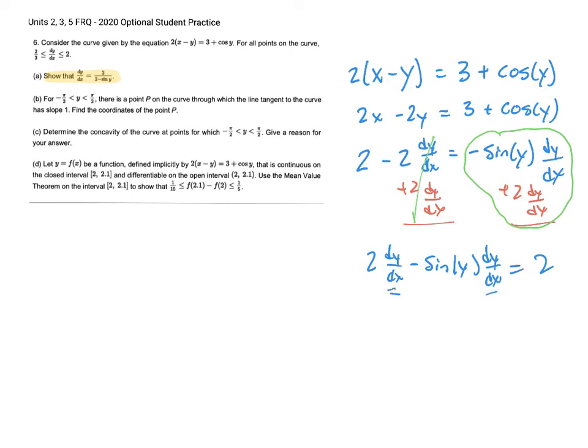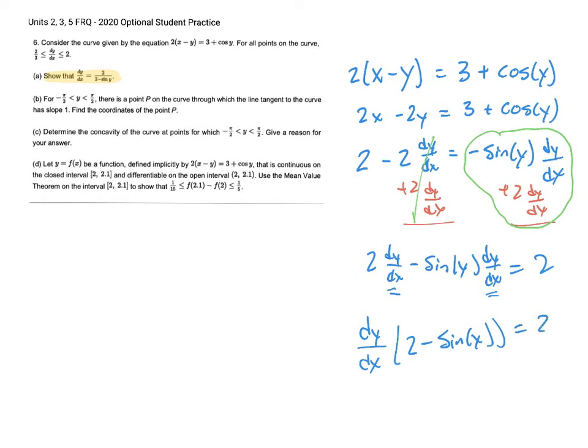Notice we have a dy over dx here, so I'm going to factor it out. Oops, not equals. Not yet. It's going to equal something, but right now we've just factored out. This is a 2 minus sine y, and we knew that's what we were hoping to get, so that's good.